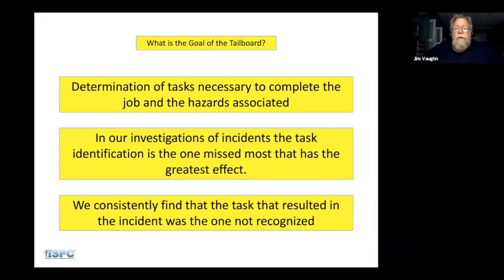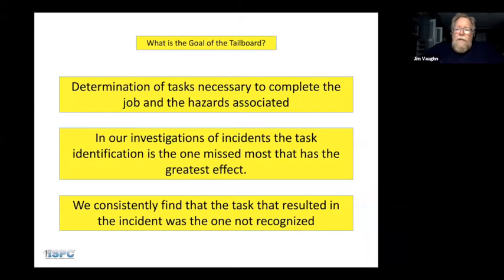Now, we eventually were successful in arguing his expertise. How could he possibly know? And it turned out that he even had to testify that he had only ever seen one tailboard be conducted in his 25 years at OSHA, where I, on the other hand, had probably done somewhere between 12 and 17,000 of them in my 49 years. So my testimony tended to have a little more weight than his did.